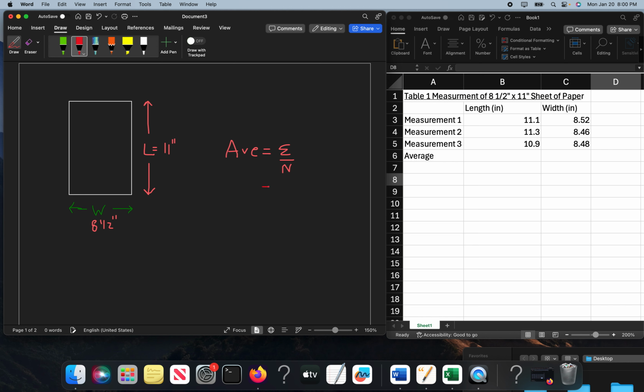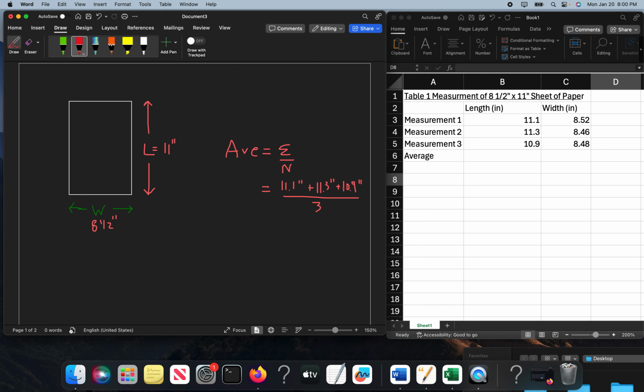So in this case, this would be 11.1 inches plus 11.3 inches plus 10.9 inches. And since there are 3 objects, we have 3 measurements, our n, or total number of objects, is going to be 3.